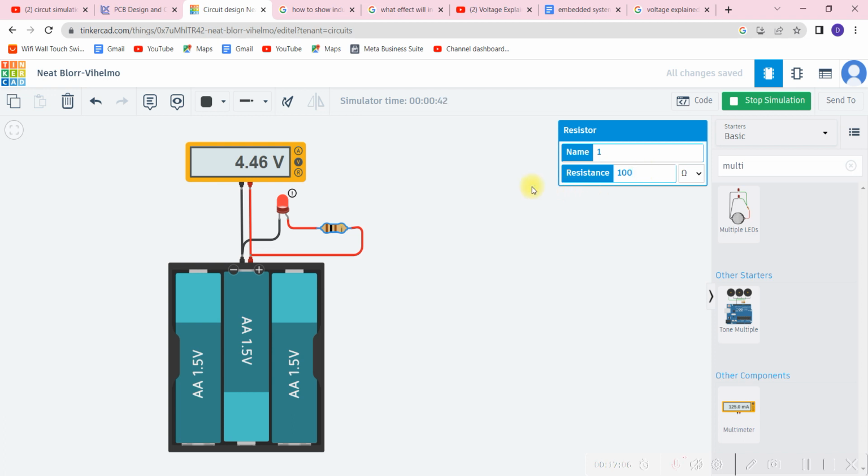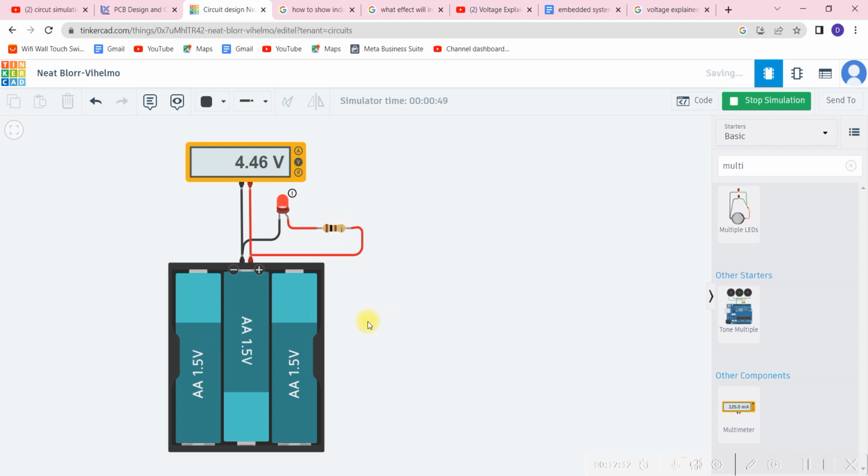And the voltage is going to be divided across these 2 components. The voltage I'm currently measuring is the total voltage output. So I'm going to try and see if I can measure the voltage. I can't delete this. All right, let me run it again.